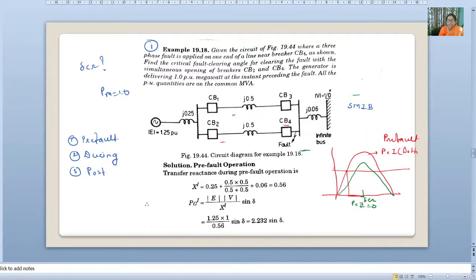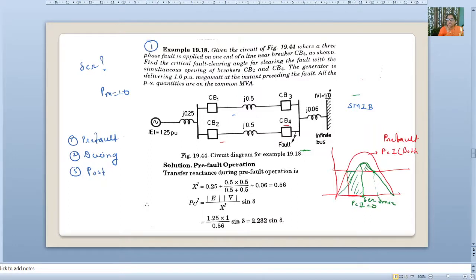This is our delta CR, and this is our limiting condition, delta max. You have to plot this curve, and area A1 is equal to area A2. When both areas are equal, the system will be stable.